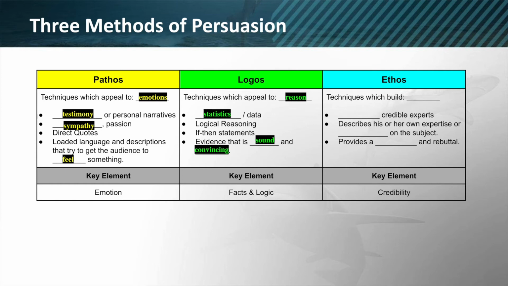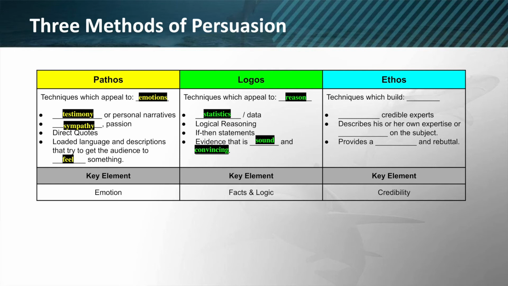So the key element in a logos type of persuasion is facts and logic. It's the persuasive technique that aims to convince an audience by using your reason and logical appeal. You'll see it in advertisements that include statistics, facts, charts, and graphs. It might remind you of asking someone to listen to reason during an argument. That's exactly what logos does.